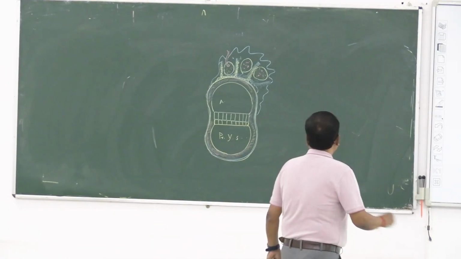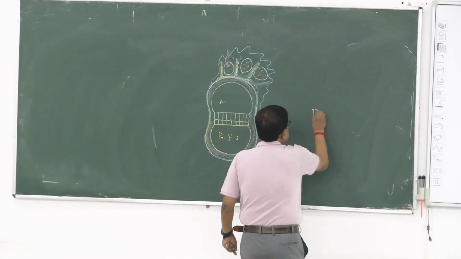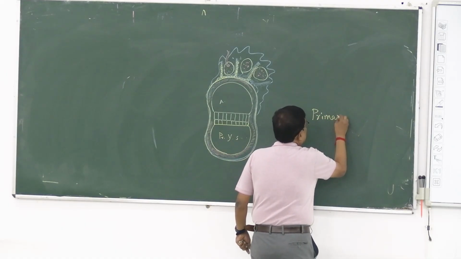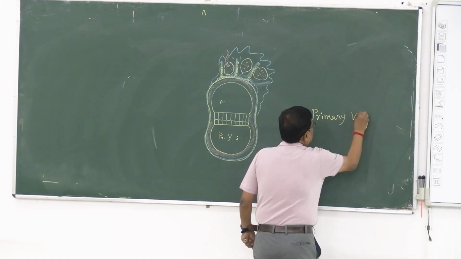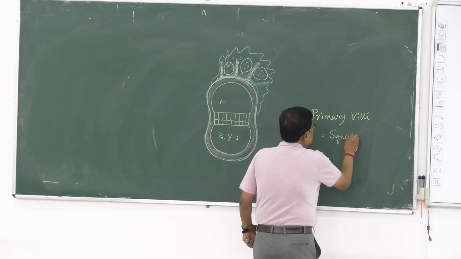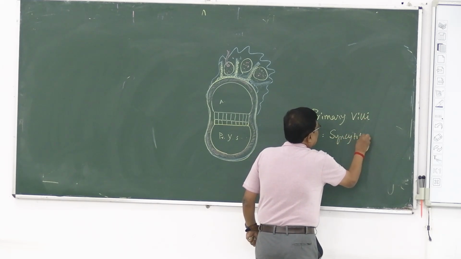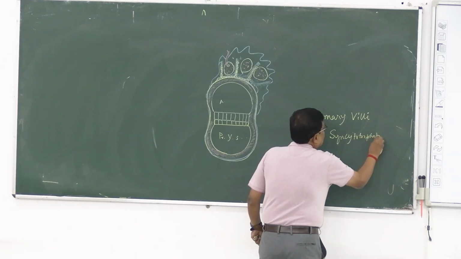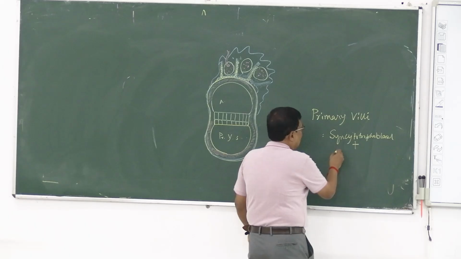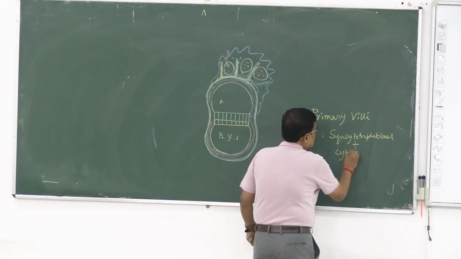So what is primary villi? Syncytotrophoblast plus a central core of cytotrophoblast.